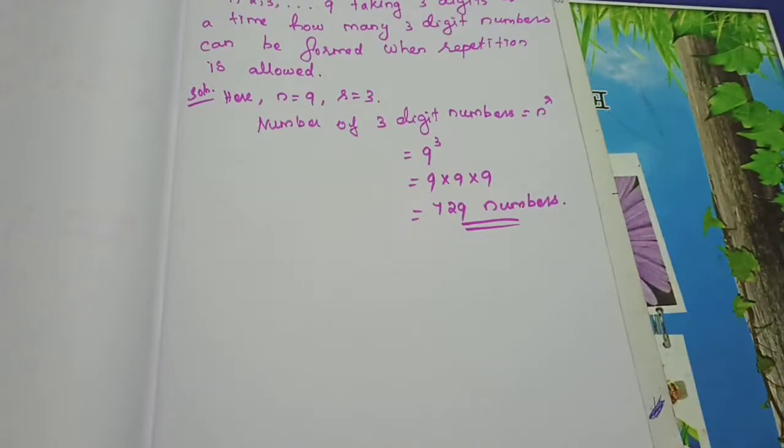Okay. So next we are going to learn permutation when all the objects are not distinct. That is, not different. So we will learn this. Here also we are going to learn one formula. I am reading: the number of permutations of n things taken all at a time, of which p things are of one kind and q things are of another kind.